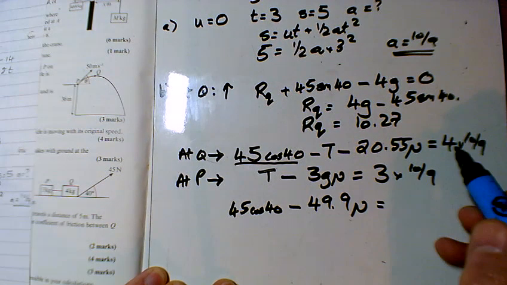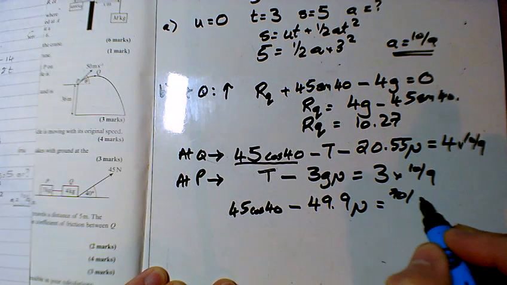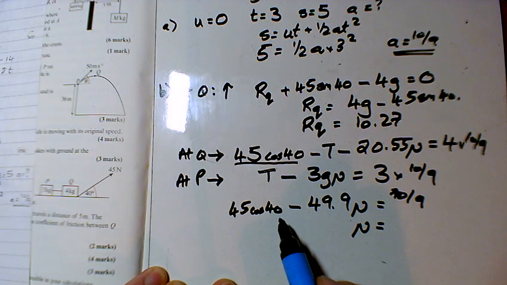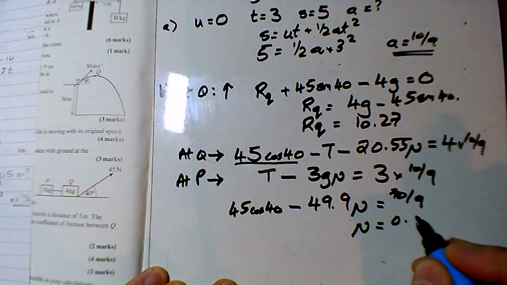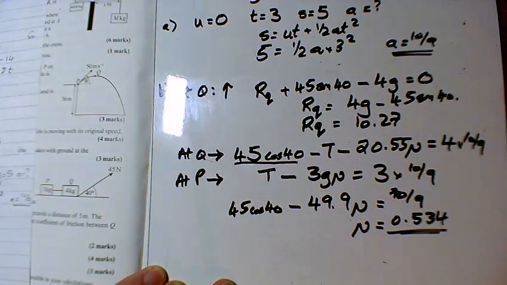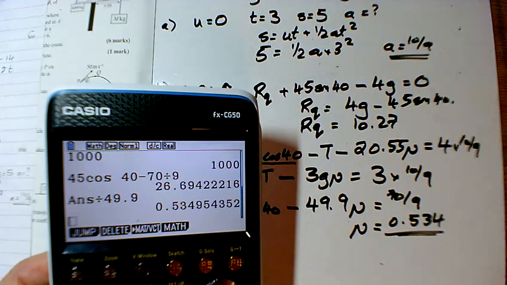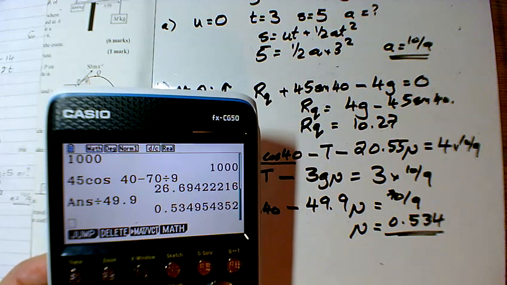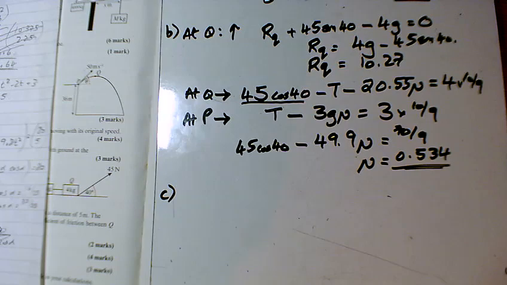Add those two things together, I've got 40 over 9, 30 over 9, so I've got 70 over 9. So I can finish this off now then. Tap that in, take off that, divide by the 49.9. I've got 0.534, I think, but I'll pause and just check it. Yep, that looks good. 0.535 actually, if I did it more accurately.